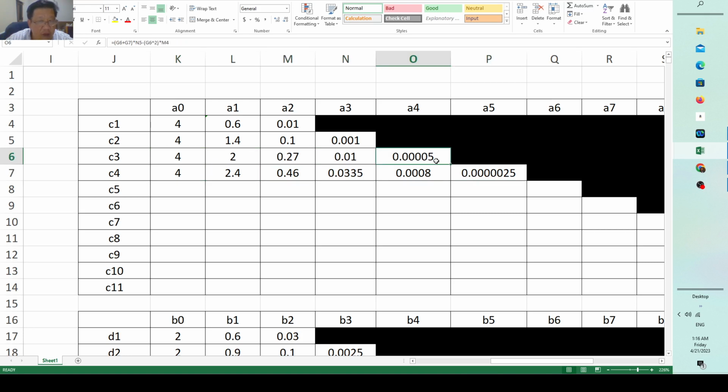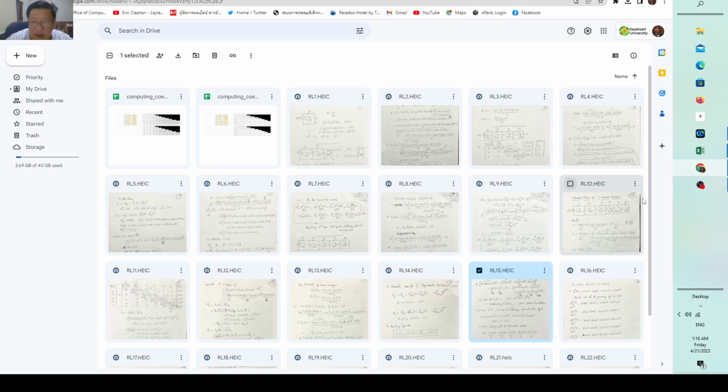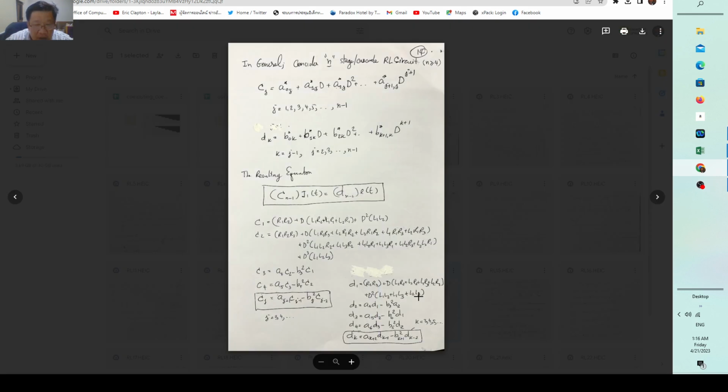Just for example, in this one you get G6 plus G7 times N5 over here. N5 is over here. Minus G6 square. Where is this coming from? It's coming from this update formula over here. You can see that you have B3 square over here, B4 square.